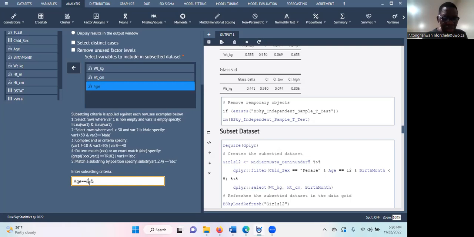We'll take, and you can take your own sample, age equals 12 months, age equals 18 months, and age equals 24 months. One more, age is 6 months.